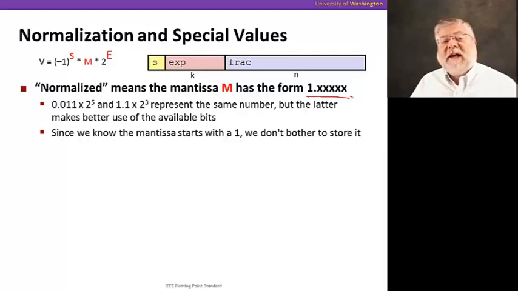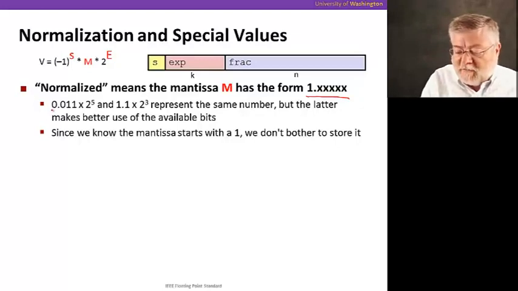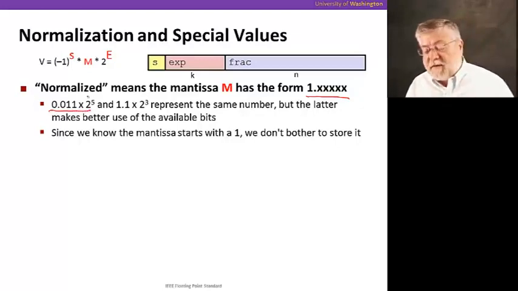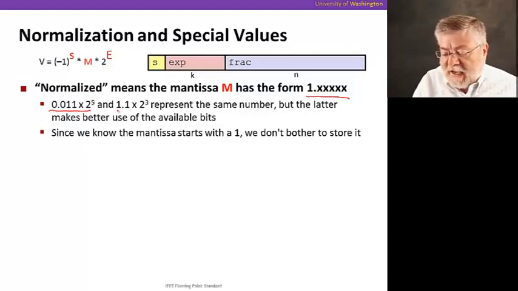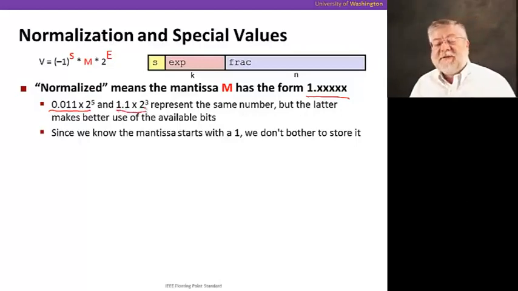We always have values that start with 1 point something. So if we wanted to represent the number 0.011 times 2 to the 5th, we would normalize that to be 1.1 times 2 to the 3. Those are exactly the same, but the latter makes better use of the available bits because we don't have to bother with those extra zeros.